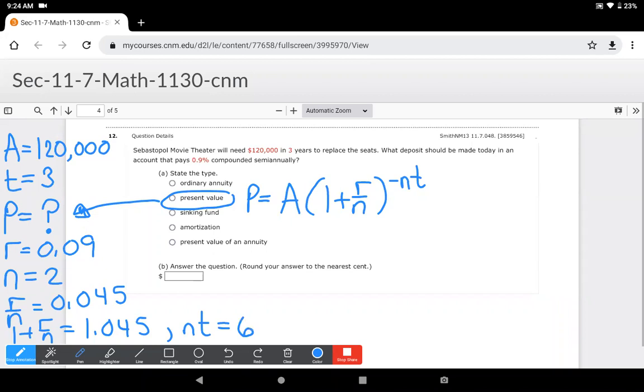So that's our list of variables, right? And then from there, we can just plug and chug. We have 120,000. Sure you get your 4 zeros times 1.045 raised to the negative 6. Again, if we don't get that negative in there, we will suffer, right?